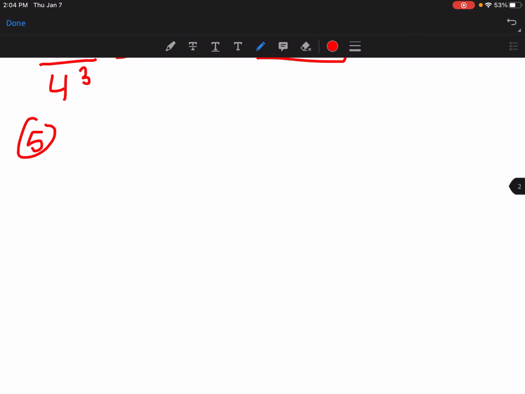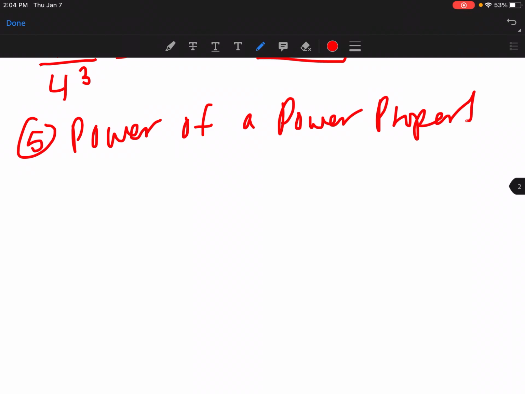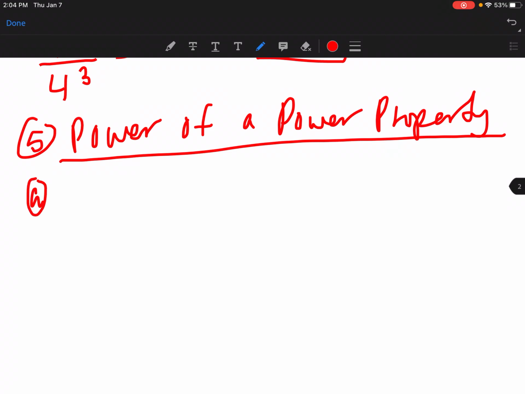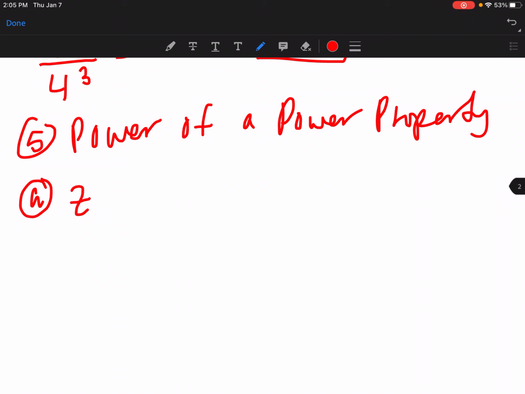All right, next, the power of a power property. Say I have z to the fourth, to the negative 3.